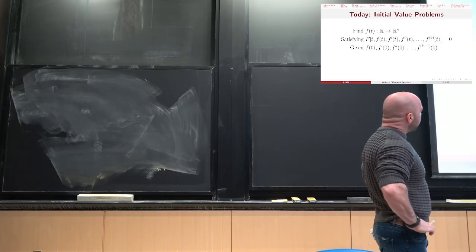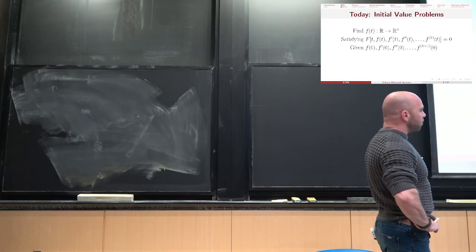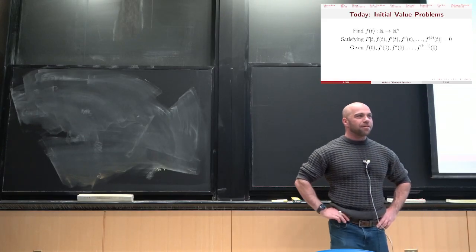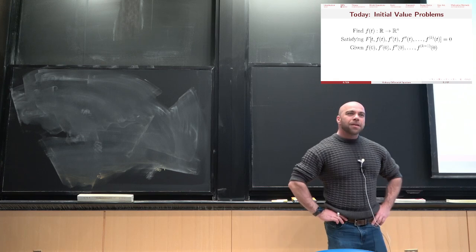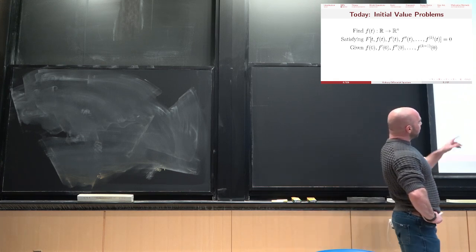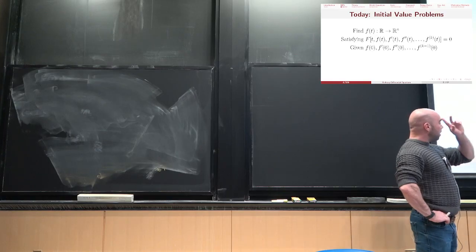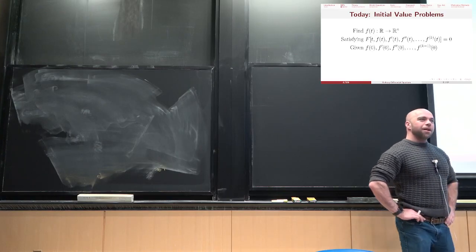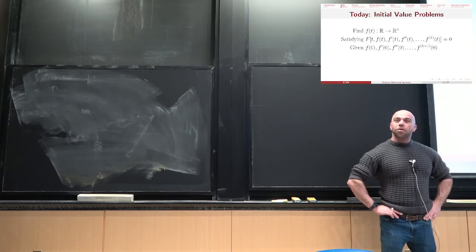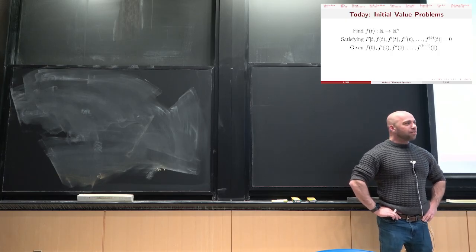And then you're trying to recover some little f that satisfies this for all time, or typically for all time bigger than 0. And typically what you need to solve a problem like this are f and all of its derivatives up to order k minus 1. So for example, for F equals ma, which is a second order ODE, right? There's two derivatives in there for acceleration.